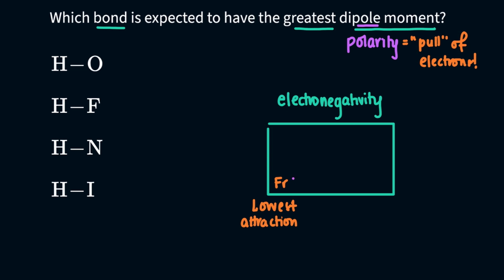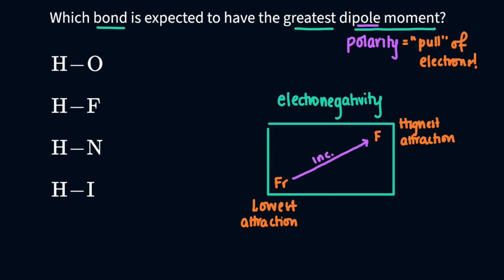As you go from corner to corner, so francium all the way up to the other F element, which would be fluorine, this would have the highest attraction. And as we go from corner to corner, we are increasing.